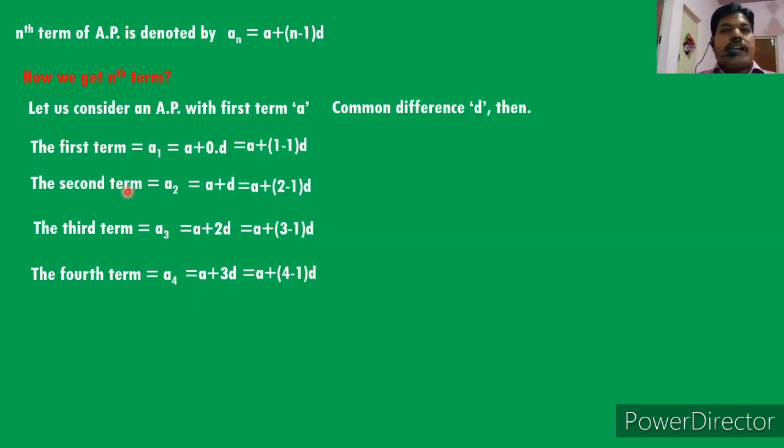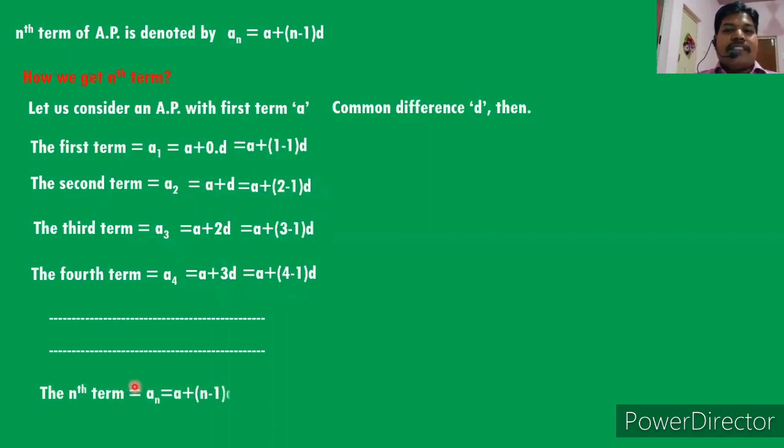So observe, students, a1 can be written as a plus 1 minus 1 into d. a2 can be written as a plus 2 minus 1 into d. a3 can be written as a plus 3 minus 1 into d. So a4 can be written as a plus 4 minus 1 into d. So automatically you can take the nth term in the same manner.